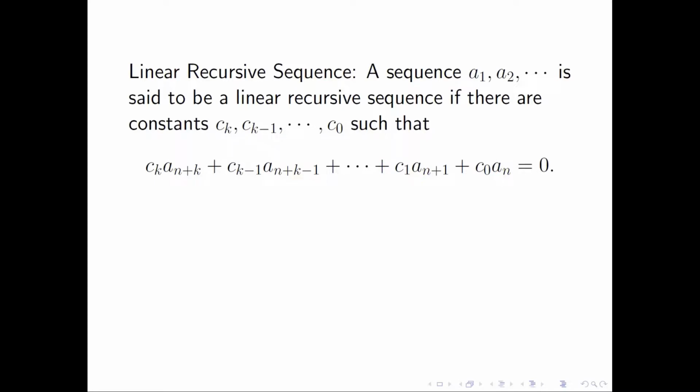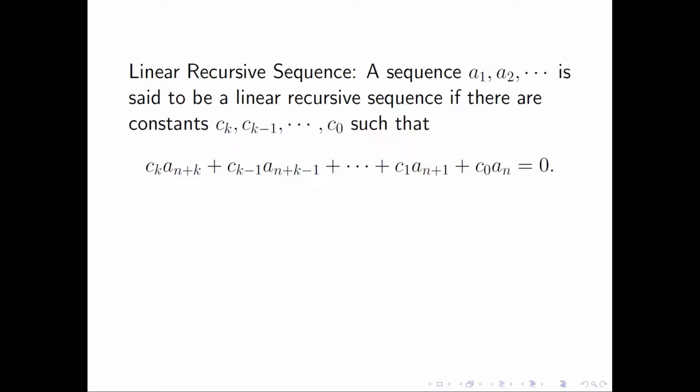In general, we assume c_k is not 0. Then the largest term, a_{n+k}, can be expressed as a linear combination of some of the previous terms.